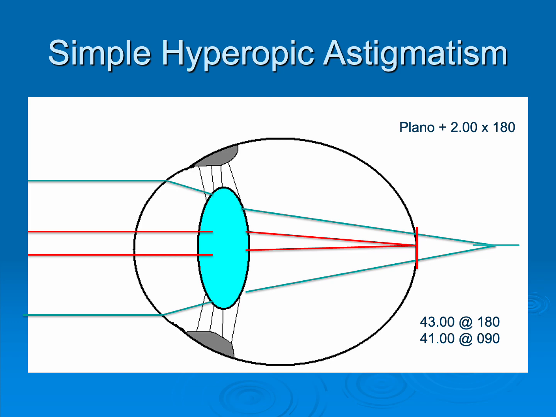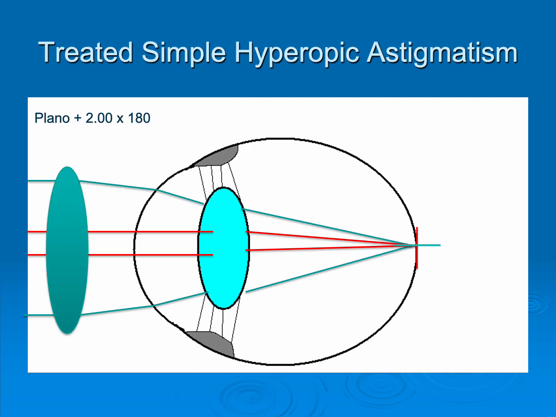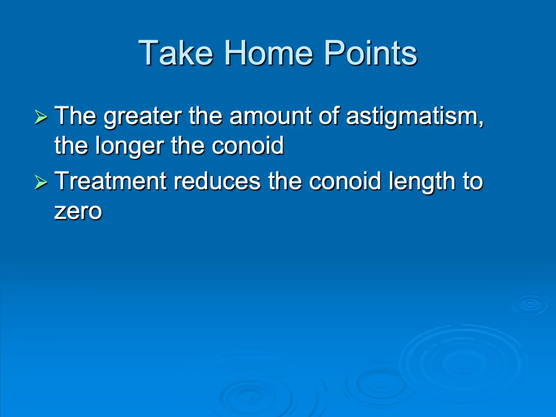So that distance is the conoid of Sturm. And the farther apart those two lines are, the more blurriness your patient has. And so we really want to get those two lines together as shown here. Because if I can get those two lines together, then I've fully treated their astigmatism and they're going to see so much better. So the take-home message is that the more astigmatism you have, the longer that conoid is, the more blurry your patient is, and we're trying to reduce it down to 0.